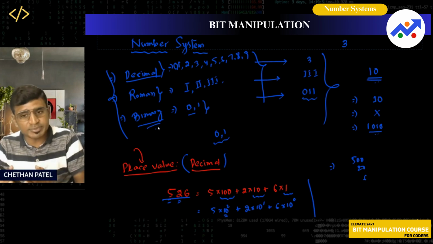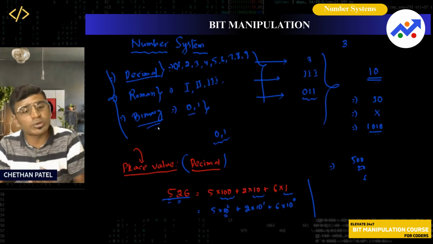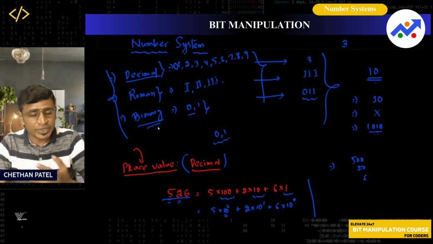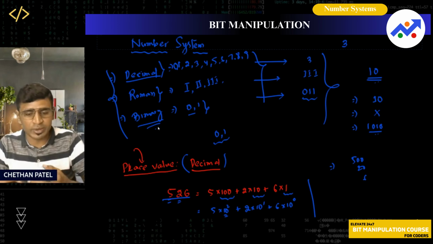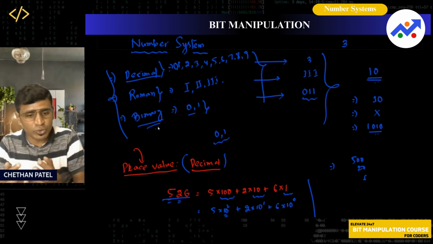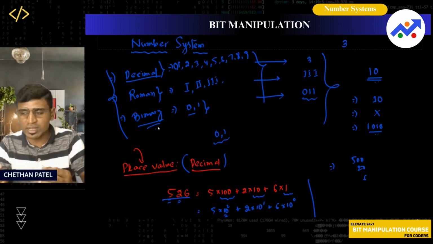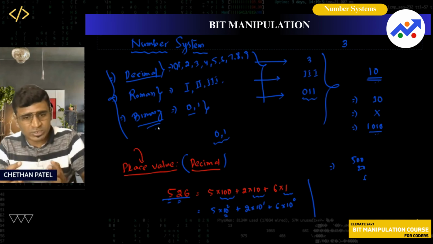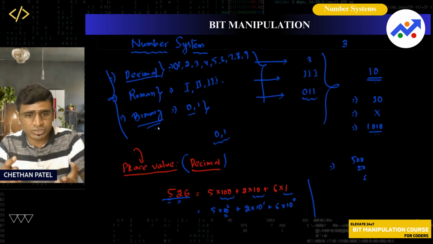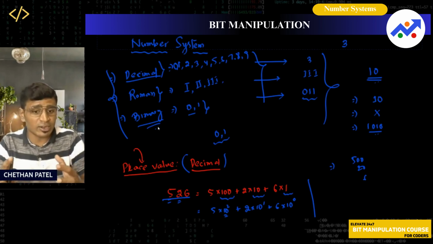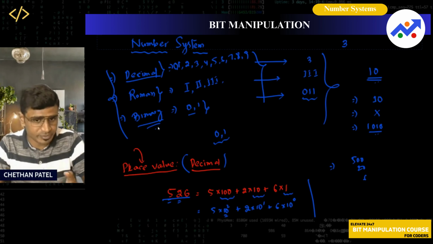Binary number systems are more useful when we are doing something related to computers, or if you want to store some data, you store it in zeros and ones, because zeros and ones represent switch on and switch off. This is how digital electronics works.